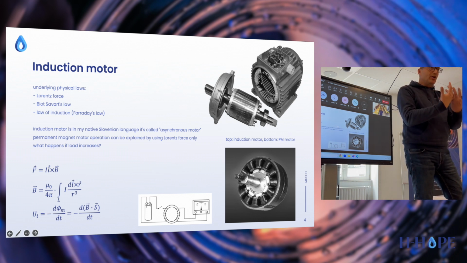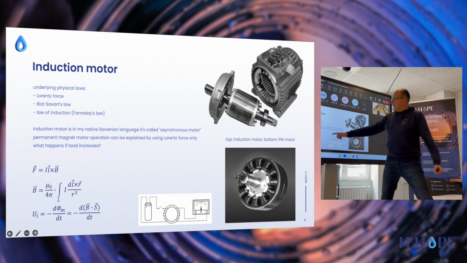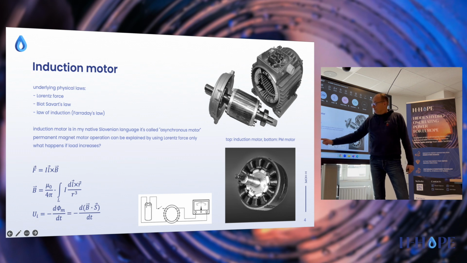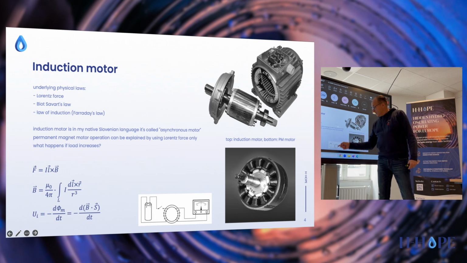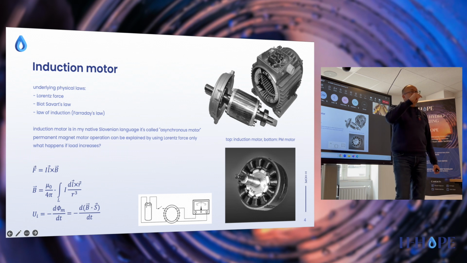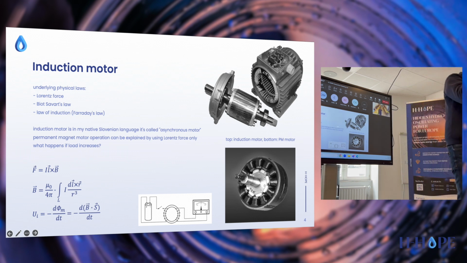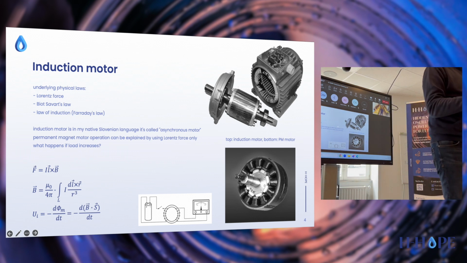It feels the change of magnetic field, and the equation tells you that whenever you have a change, that is the time derivative of magnetic flux, which is B times the area, you create a voltage here, but only when you change the magnetic field, not when you have it all the time.